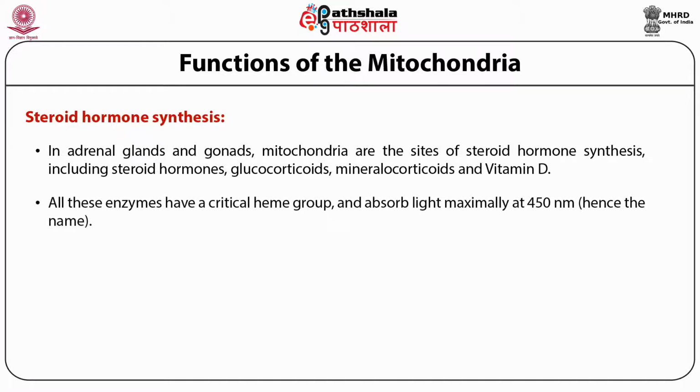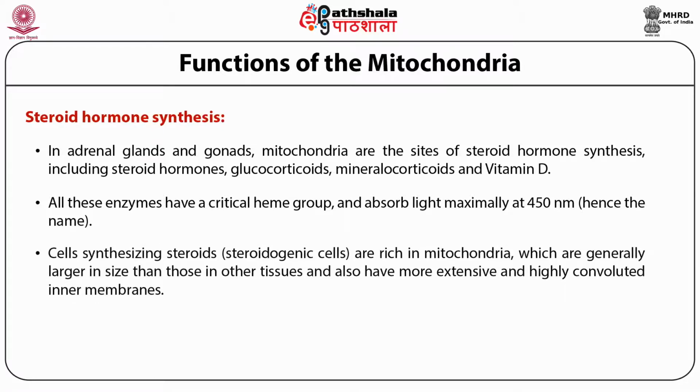All these enzymes have a critical heme group and absorb light maximally at 450 nanometers. Hence the name P450. There are many P450 enzymes, all situated in the inner mitochondrial membrane, with their catalytic site exposed to the matrix.